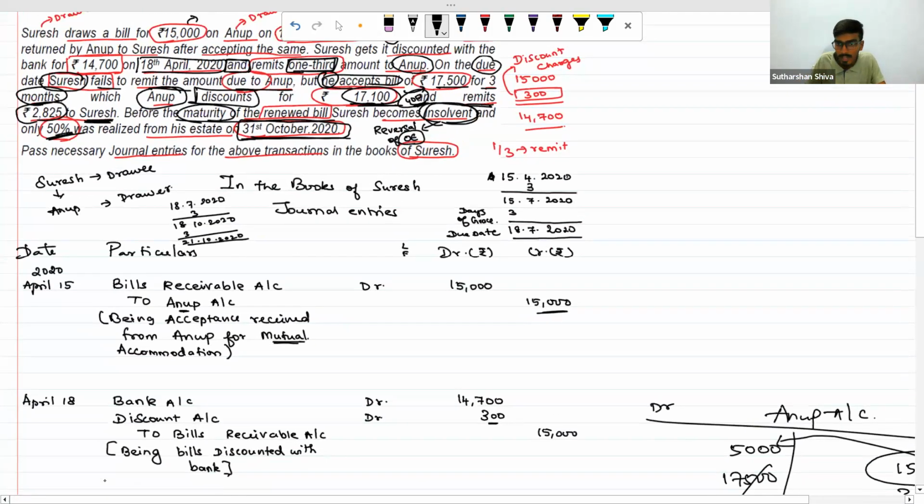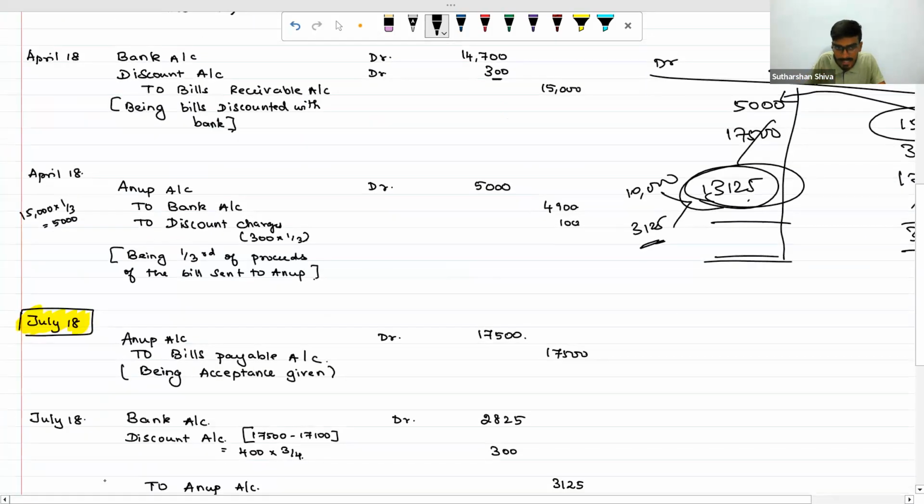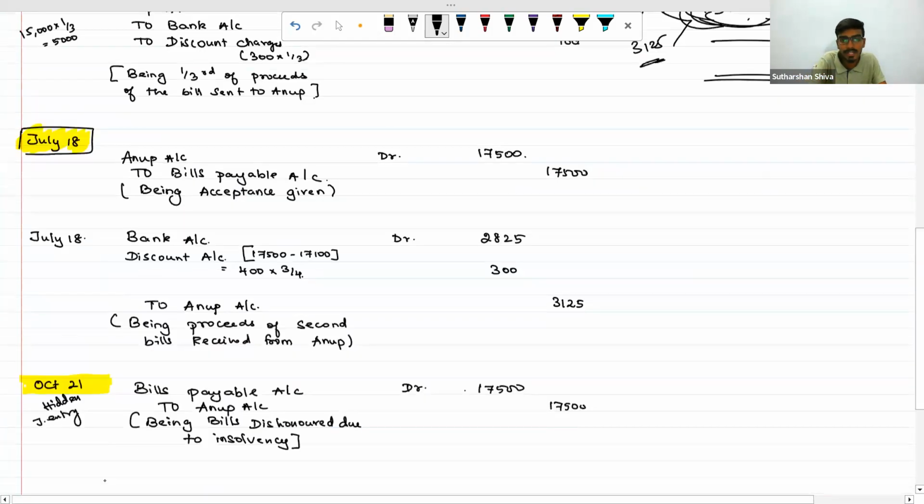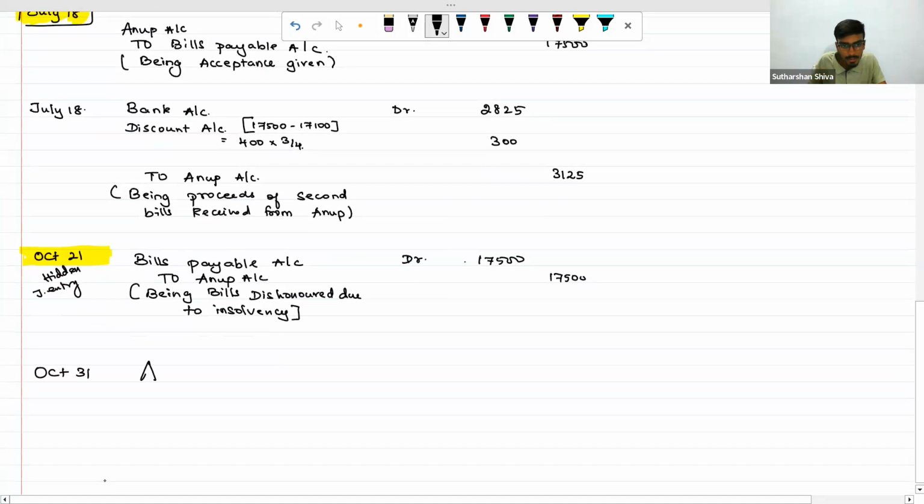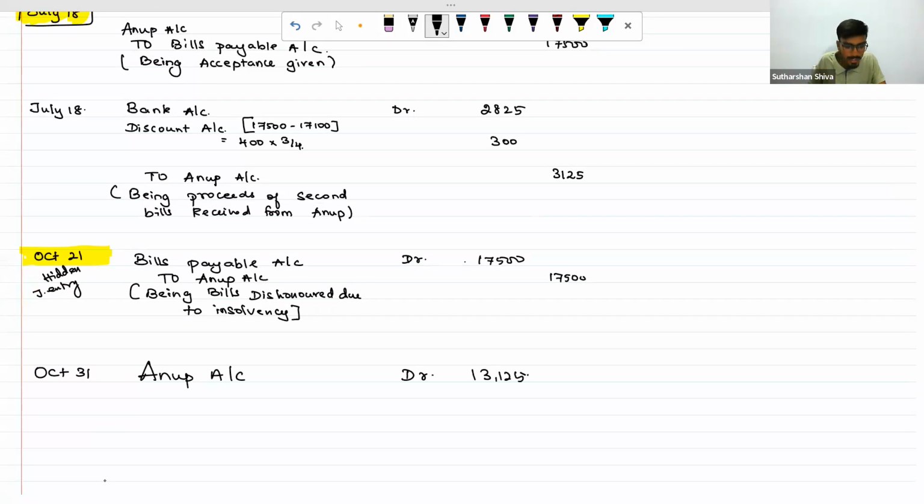On this, it is on the debit side, correct? So we will write Anup account debit. I need to go to them 13,125. How did it come? Rupees 10,000 from the old bill plus rupees 3,125 from the new remittance portion.